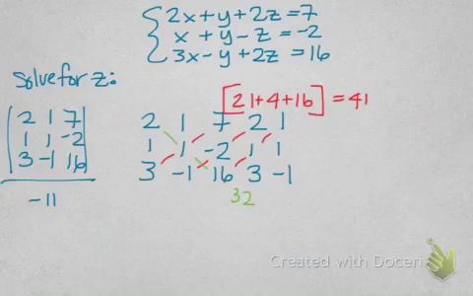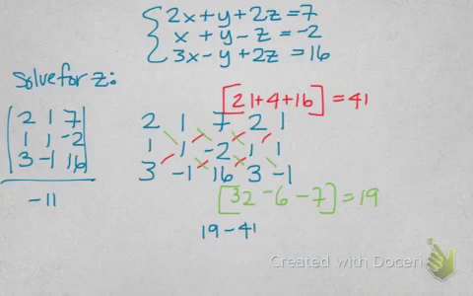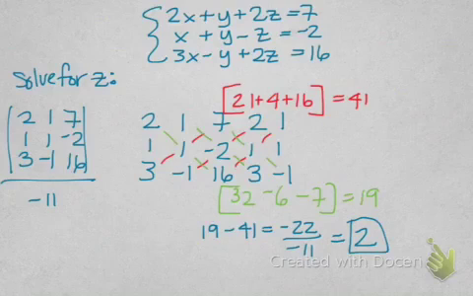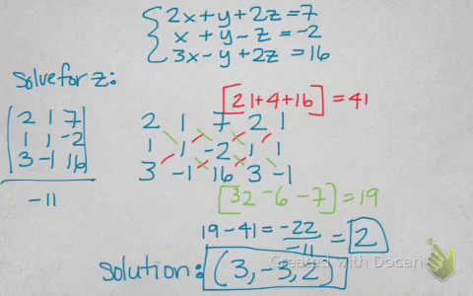And on the bottom, add those together, we get 19. So 19 minus 41 is negative 22. And so we get negative 22 over negative 11, so our z value is 2. So our solution is 3, negative 3, 2, because 3 was x, negative 3 was y, and z was 2.